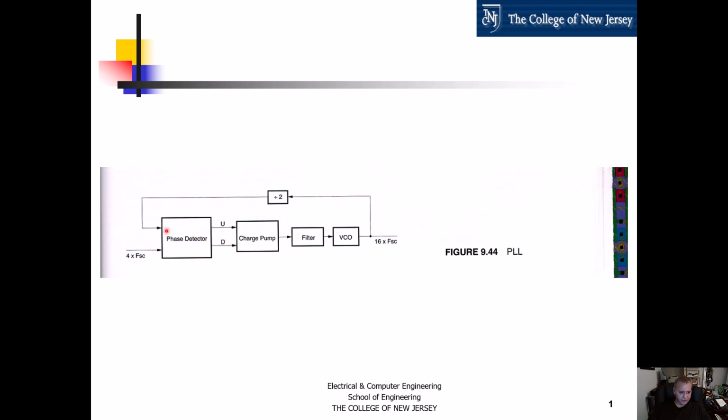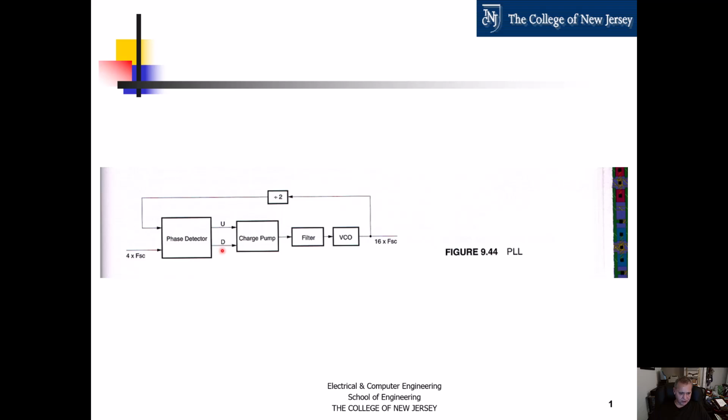So the phase detector is going to generate pulses which have a time width that is the same as the difference in phase of the two signals. And depending whether they are lagging or leading with respect to each other, we're going to get what is called an up pulse or a down pulse.